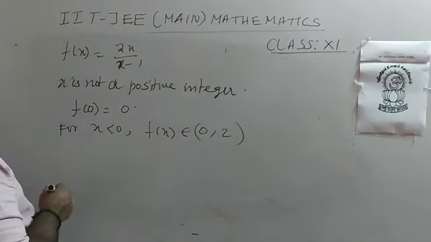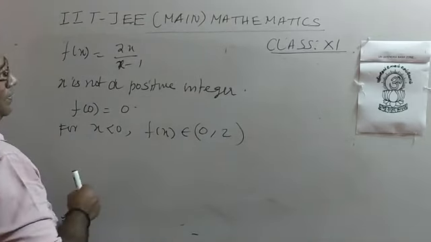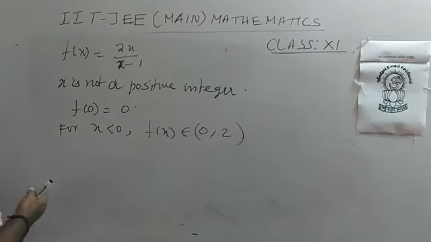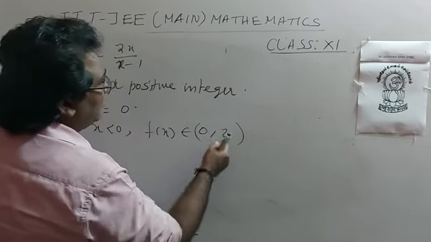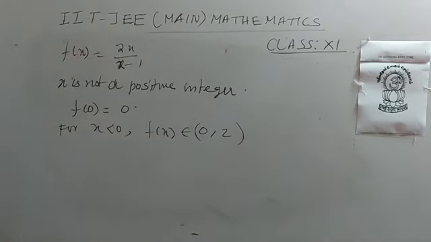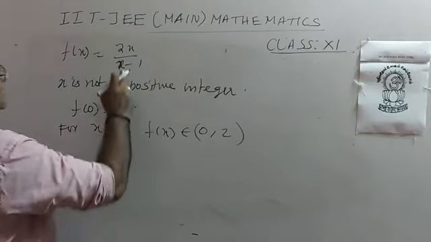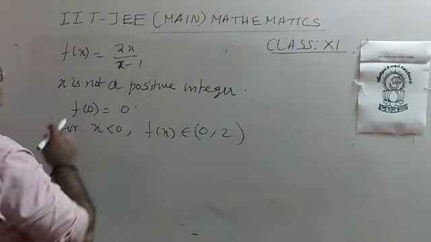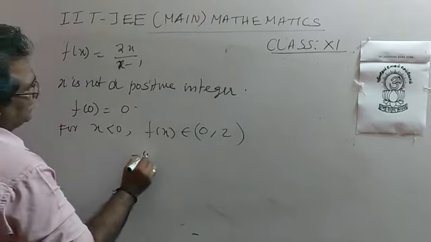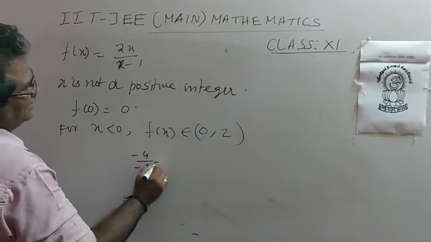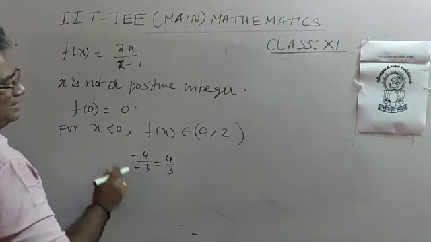Nearest to 2. Since the domain is real numbers, the number before 2 is not an integer, it's a real number. So it will not reach 2, but less than 2. So the range belongs to (0, 2). Suppose you take minus 1 or minus 2, so minus 4 by minus 3, that is 4 by 3, 1 point something like that.